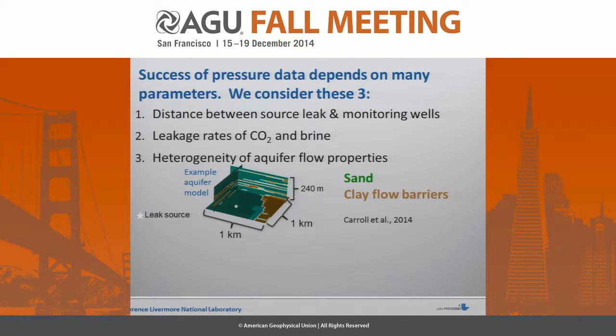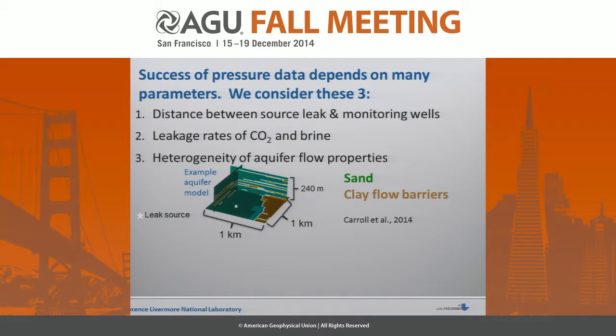You can think of these true positives and true negatives as a success, meaning the pressure data is telling us what's actually going on in the subsurface. Many things will influence whether or not pressure data will be giving us the right message about whether a CO2 or brine leakage is occurring. For this study, we're considering three parameters. We're going to vary the distance between the source leak and the monitoring well. We're also going to vary the different leakage rates of CO2 and brine.